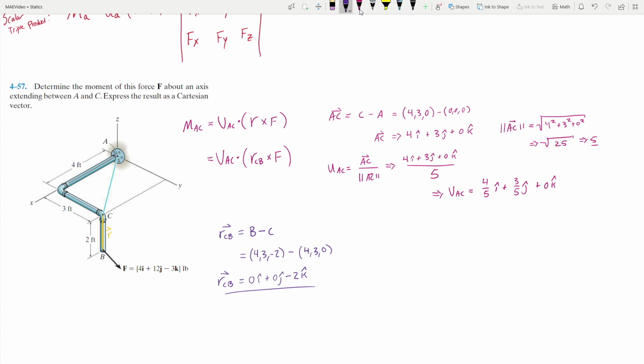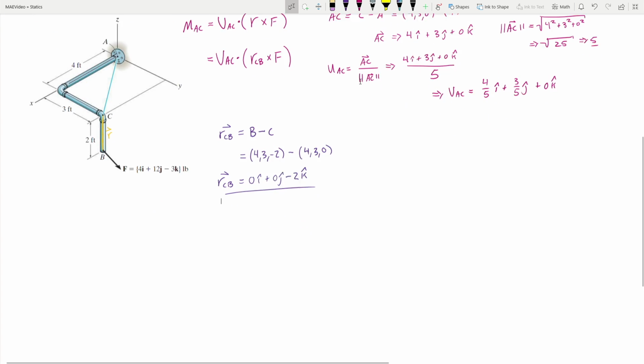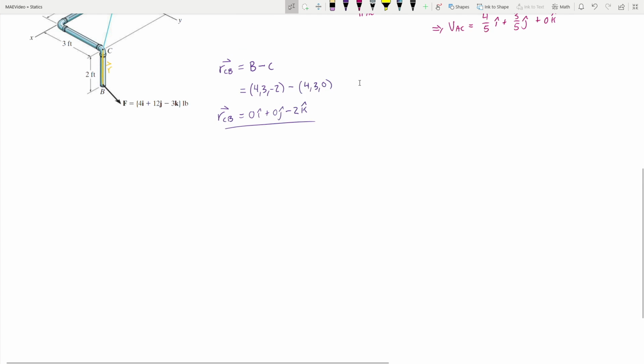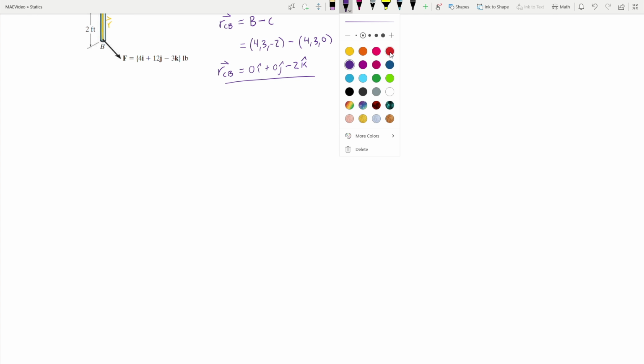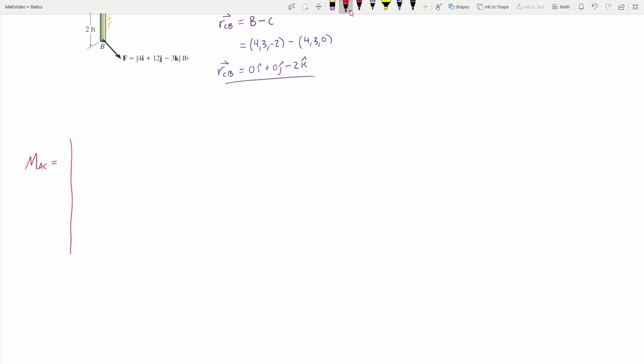So now we have our RCB and our UAC. Now with that, we can simply just set up our determinant here. So I'm going to change the color one more time. So let me write out our moment in determinant form. So the moment MAC, this column right here, this element right here, we know is going to be UAC, and the X component, which we found to be 4/5.